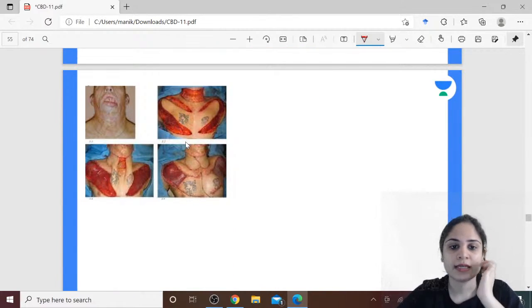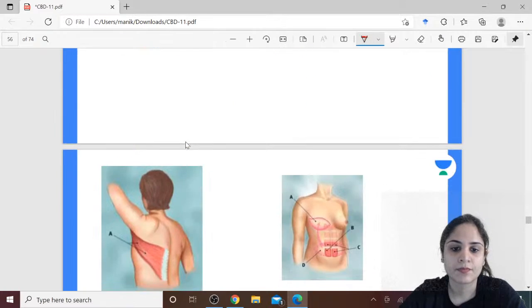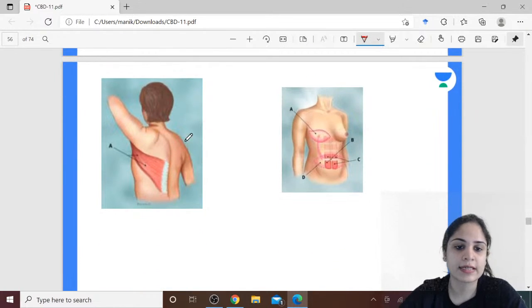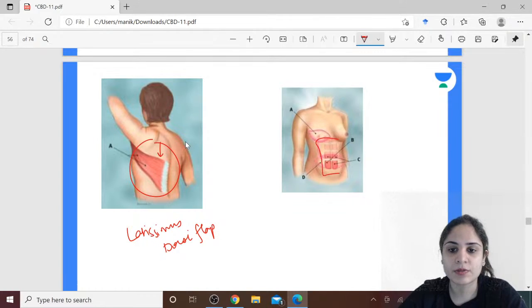Okay, then here we have the flap which is taken from this area, from the deltoid as well as the pectoral. This is also taken for oral cavity cancers. This is called as the deltopectoral flap. Okay, next you are getting two flaps. One is taken from behind. So this is your latissimus dorsi flap, and one is taken from the front.